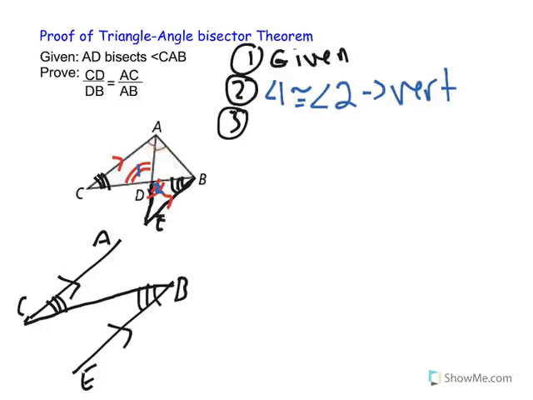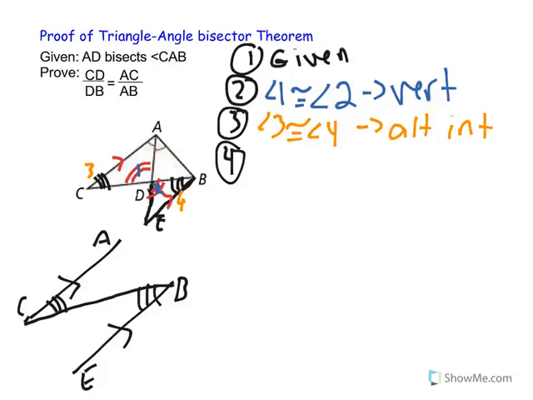So if you would like to put some numbers there, call that angle 3 and 4. Angle 3 is congruent to angle 4 because they are alternate interior. So now I have two triangles that are similar.